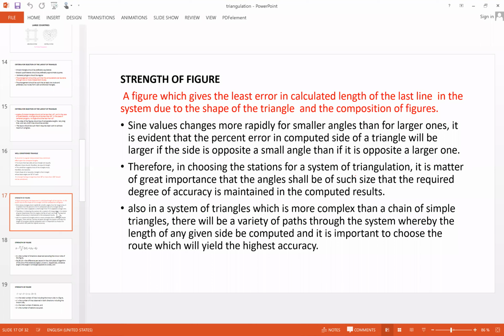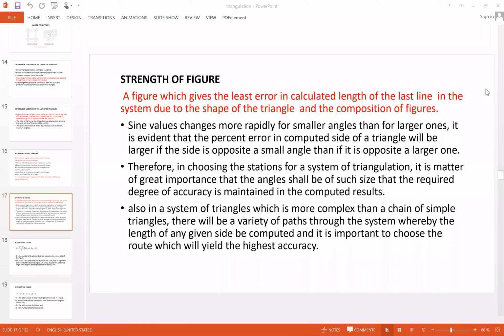Now there is a way we can determine the best possible route for any system. We will see that in a while. Now, since we have discussed the triangles, they should be well conditioned. The reason is that sines change more rapidly for smaller angles than for larger ones.